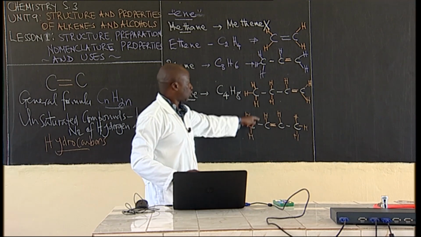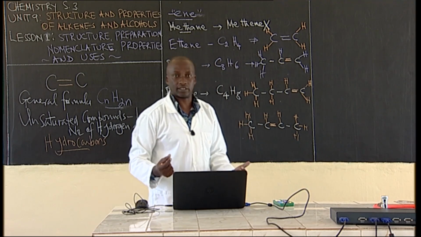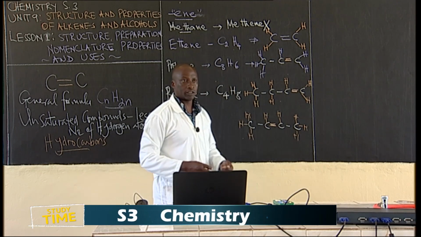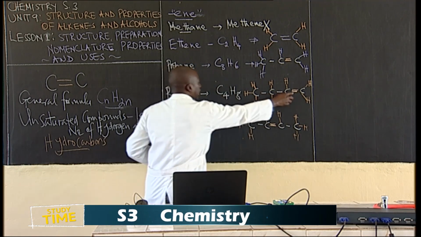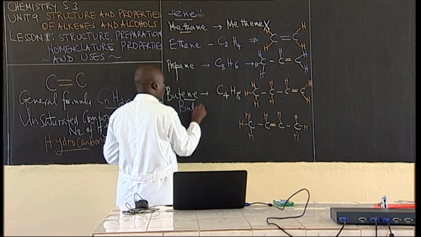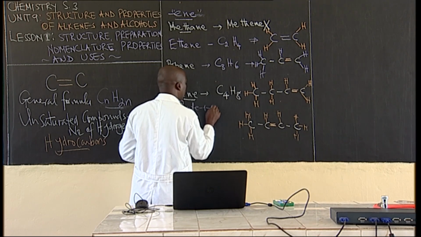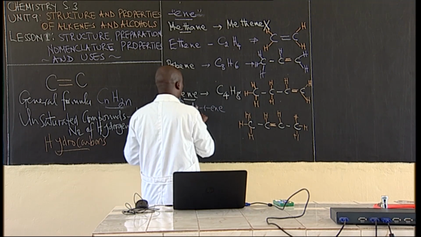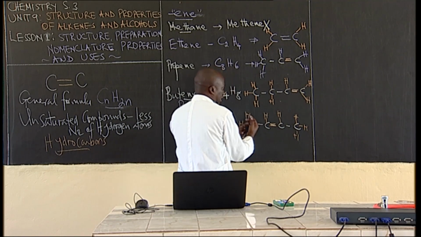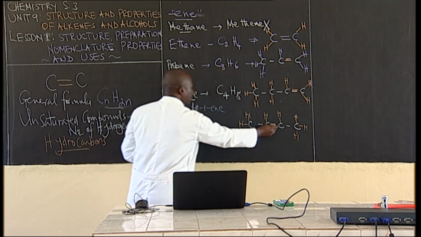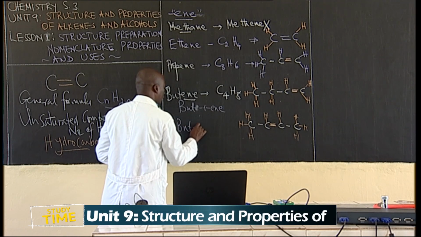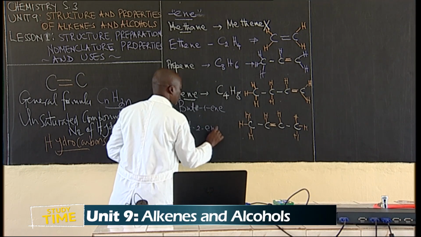So when you look at these two compounds, what is the difference? The difference is the position of the double bond. In this one, the double bond is on carbon number 1, that's why we call it but-1-ene. Whereas here, starting from either this side or that side, the position of the double bond is 2. So this is but-2-ene.